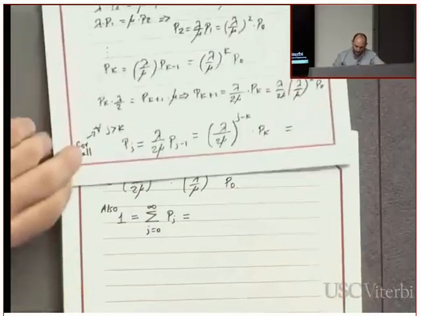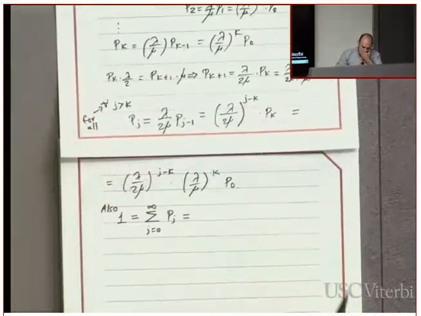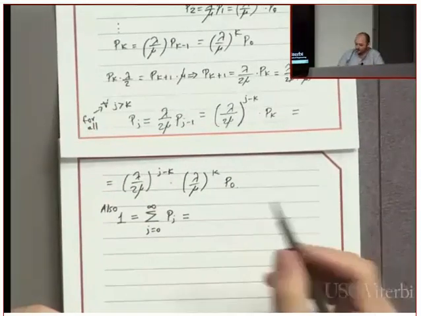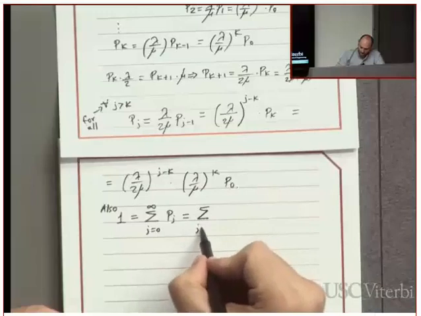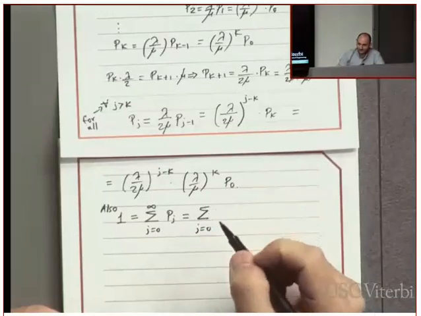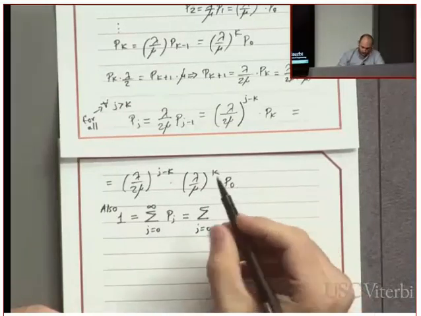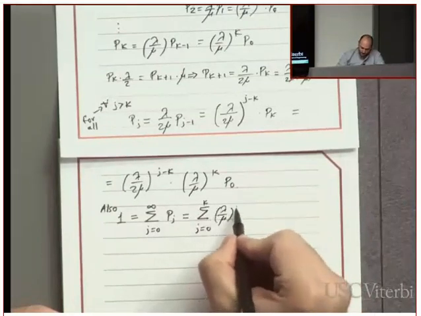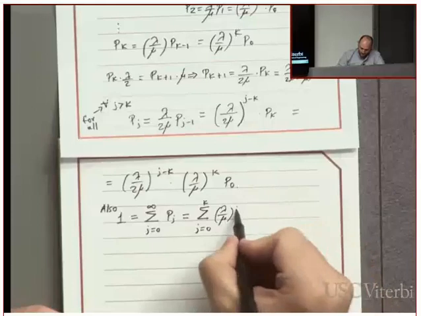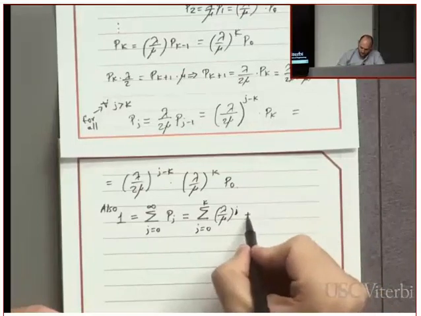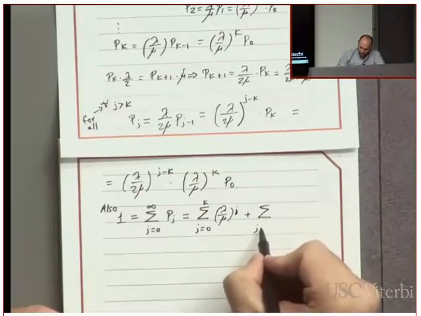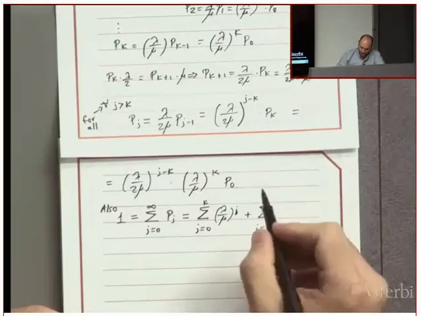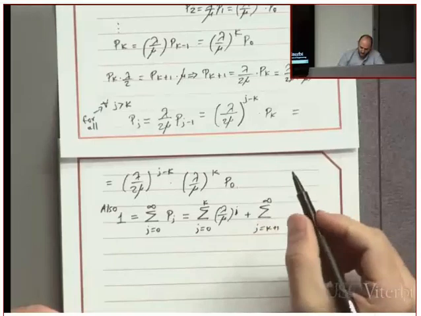Let's go here. We need some results from here, I guess. This is a summation. We're going to break this into two parts, right? Summation from j equals 0 to k. Let's do it first like this. Lambda over mu to the power of j, plus summation from j equals k plus 1 to infinity.